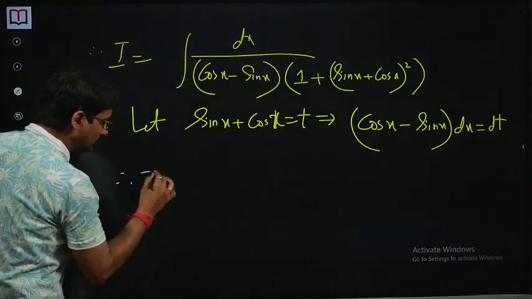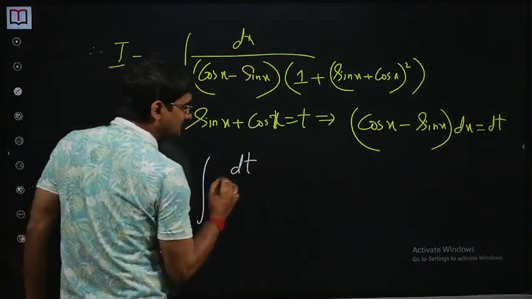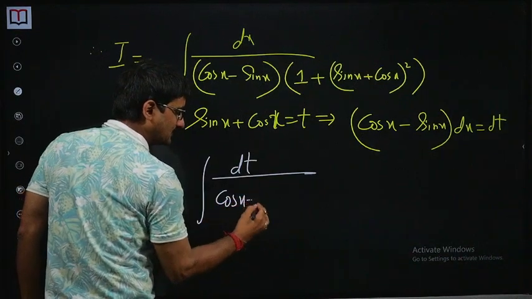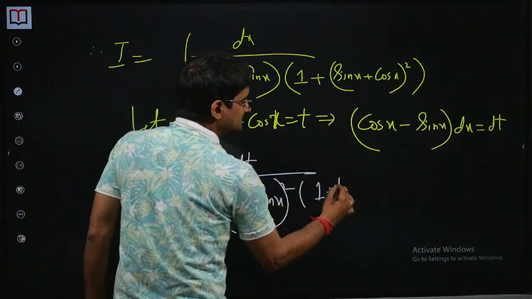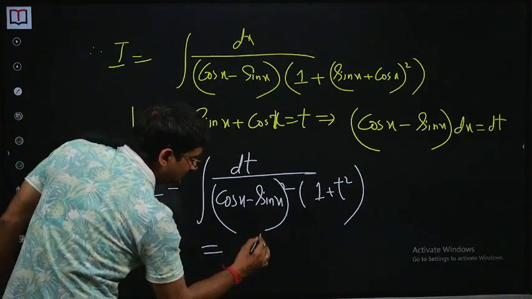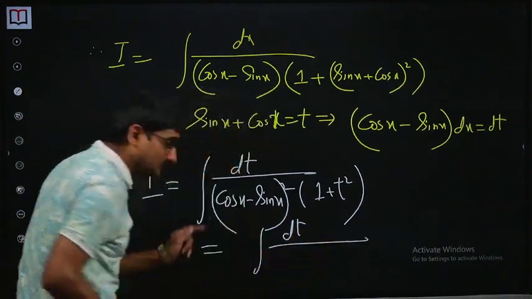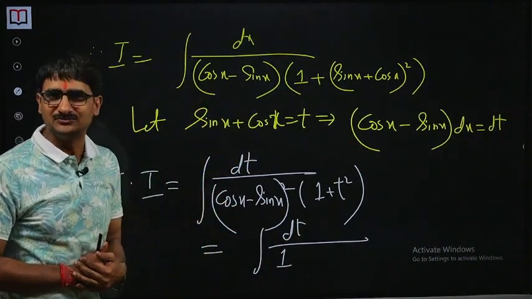We have just dx in the numerator. So if I try to replace it in terms of t here, what are we going to get? We will get dt upon (cos x minus sin x) whole square. I think all of you will agree here. And then we have 1 plus t square. Now again I'm going to open it. So it's dt upon cos square plus sin square, which is 1, and then minus sine 2x, that is 2 sin x cos x.